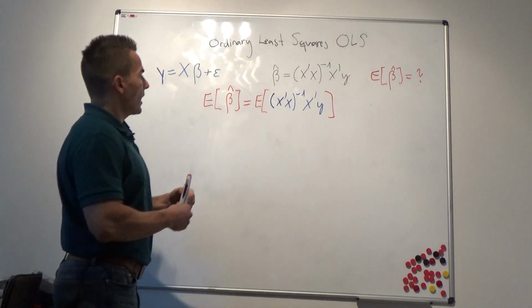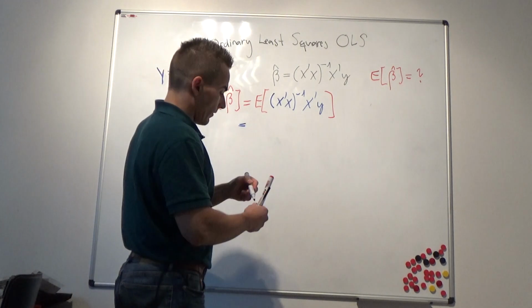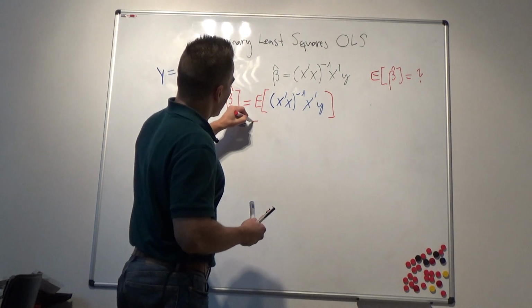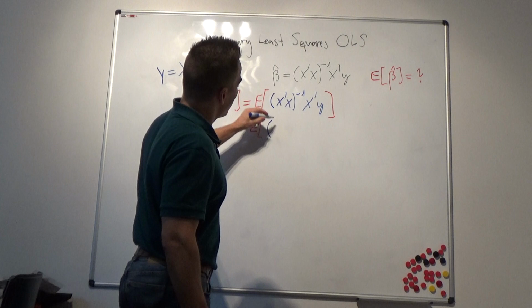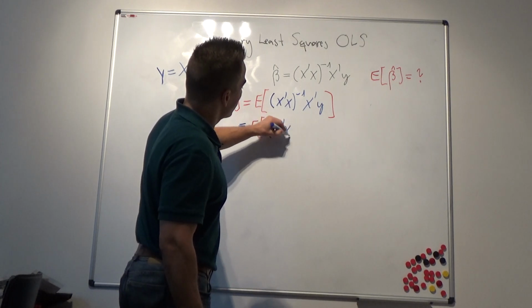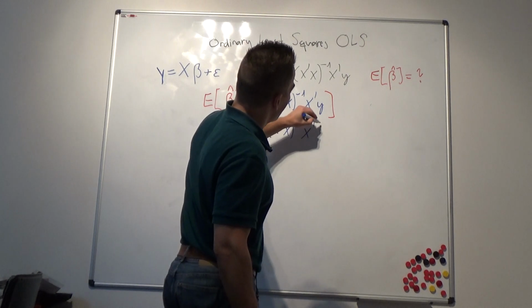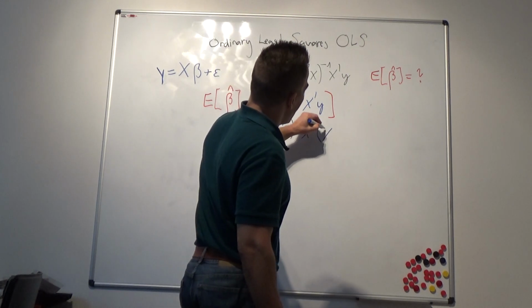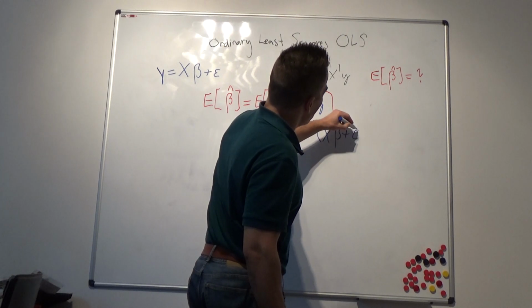So what we have to do now is we just plug in what it is. So what we have then is the expectation of x transposed x inverted x transposed times x times beta plus epsilon.